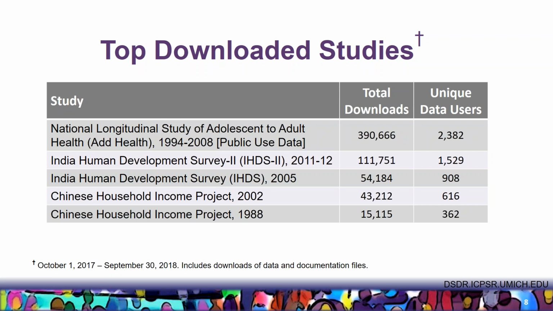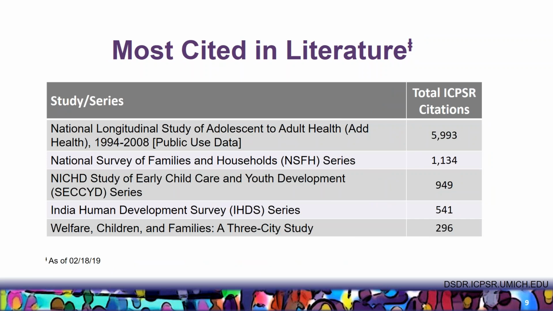We also get a lot of use from people interested in data from India and China as well, where we have some niches with some data that have been collected for those other countries. In particular for South Asia, India, our collection is growing. So we encourage you to come visit our website and just do some exploring, and you'd be surprised what you can find for some international data.